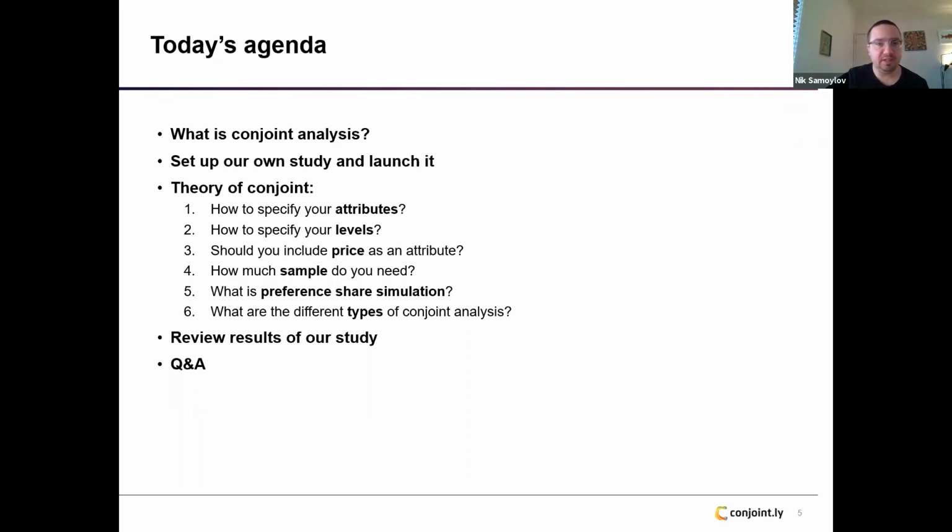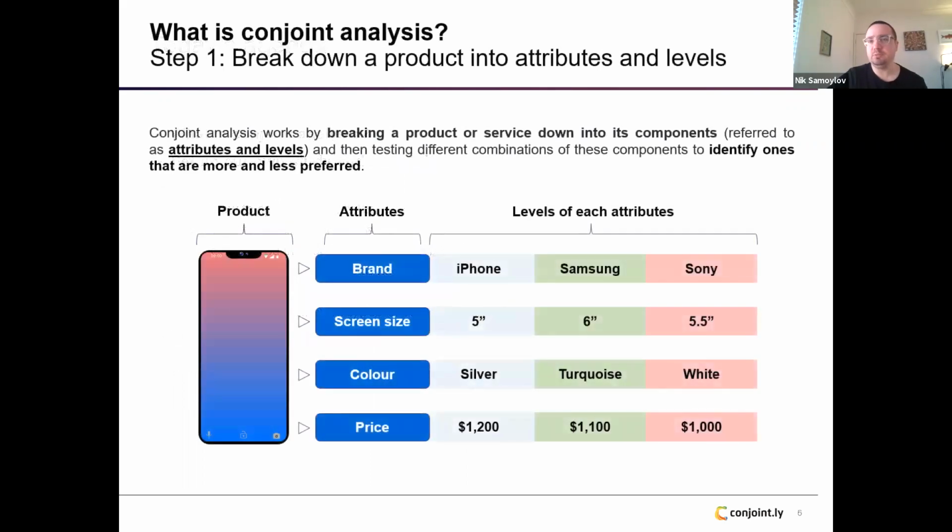Okay, so let's talk about what is conjoint analysis. Conjoint is a research method that works by breaking a product or service down into its components. Those components are called attributes and levels. Here on the screen, you see the product, which is a smartphone, and we have identified a few attributes or characteristics of this product.